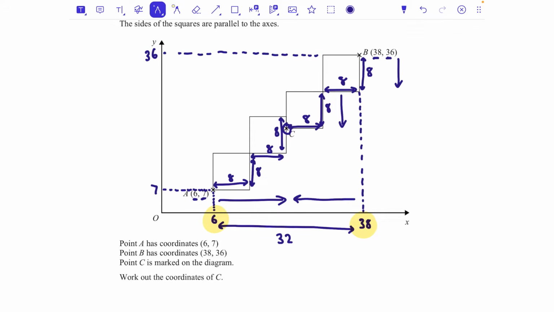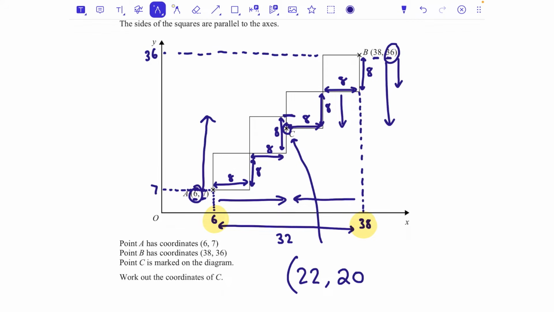It doesn't matter. I'm just going to add 16 onto 6. So that x coordinate for C is going to be 22. 16 across from 6. But for coming down, for the y coordinate, I am going to need to come down 16 from here. I can't go up 16 from here because that would be too high. So coming down 16 from 36 gets me 20.